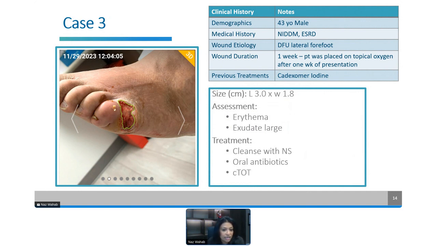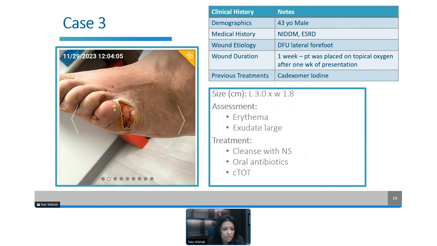So here's another case, case 3: a 43-year-old male, insulin-dependent diabetic, with end-stage renal disease, and a diabetic foot wound. Incidentally, he had a prior wound that we had already been working on.